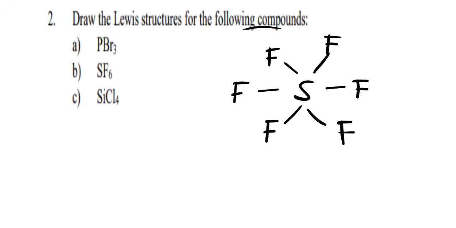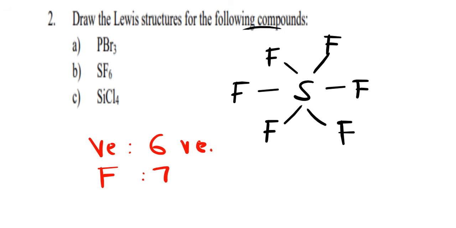We also have to consider the valence electrons, the electrons in the outermost shell. You know that sulfur is in group 6, so it has 6 valence electrons. Fluorine is in group 7, so it has 7 valence electrons.